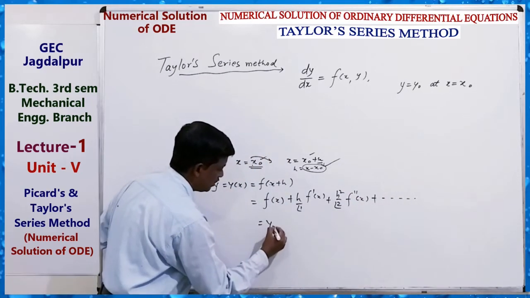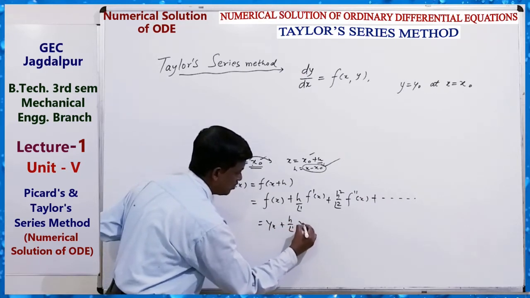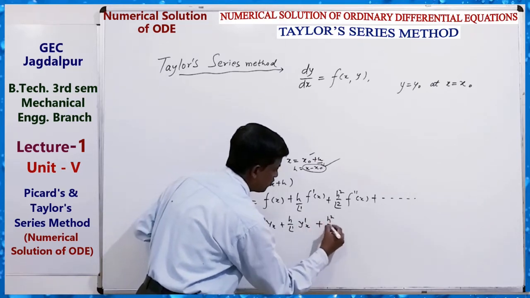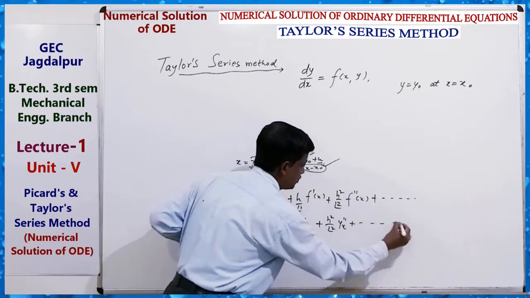We can also write it like this: y(x + h) = y(x) + h/1! y'(x) + h^2/2! y''(x) + and so on.